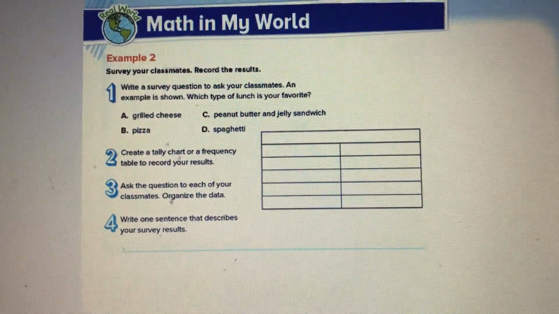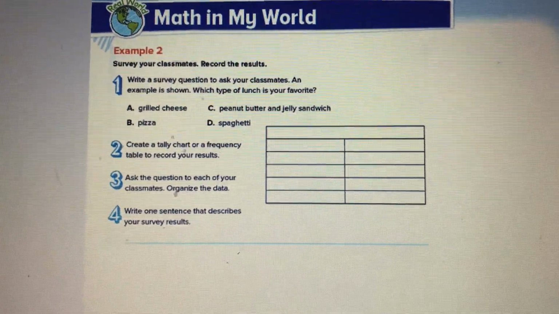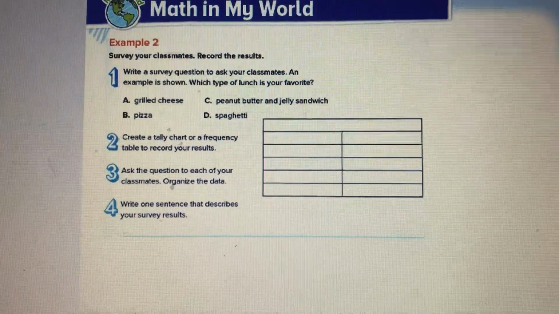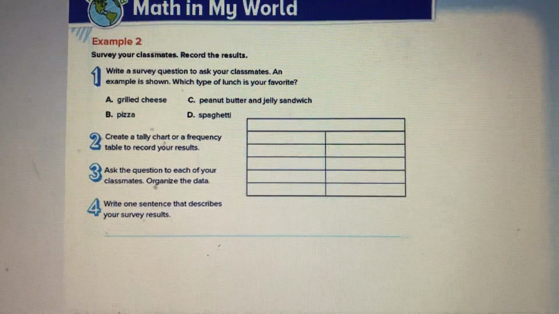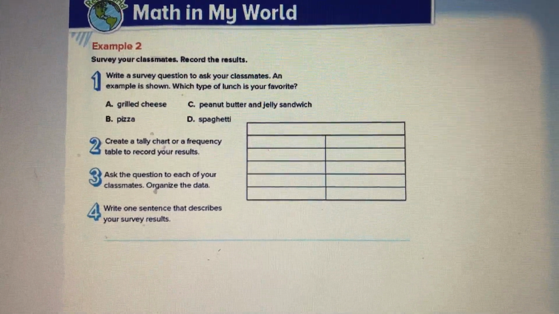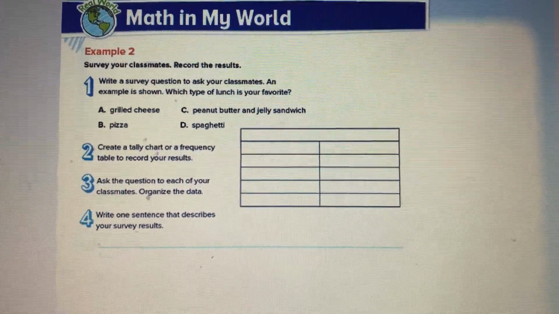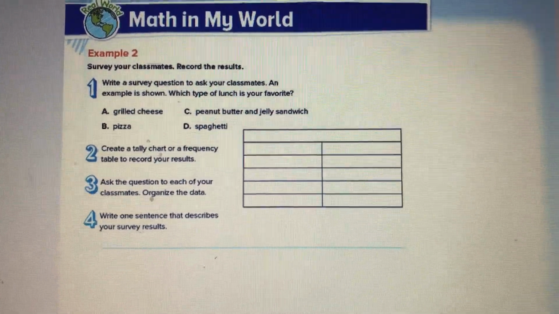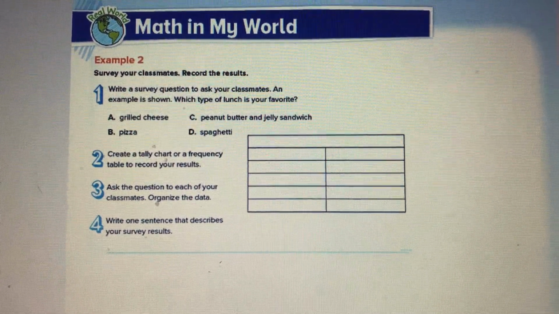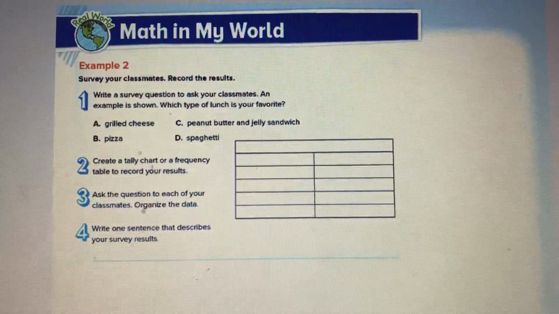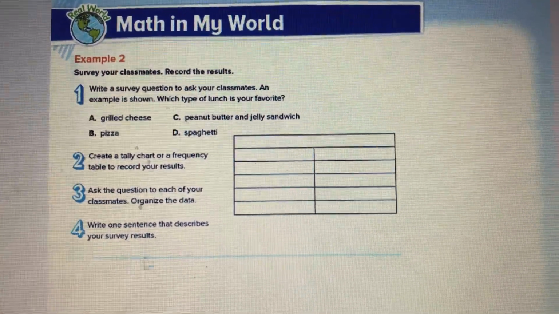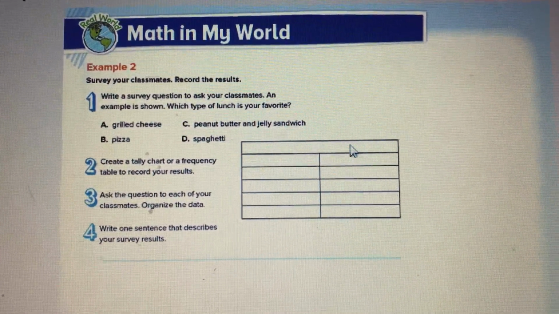All right, survey your classmates, record the results. Obviously, it's not easy to survey your classmates. You can email each other through Google Classroom, or you can just ask your family on this one. Write a survey question, ask your classmates. Here's an example. I would use this one. What type of lunch is your favorite? Okay, so for up here, we'd put a title. What's your favorite lunch?